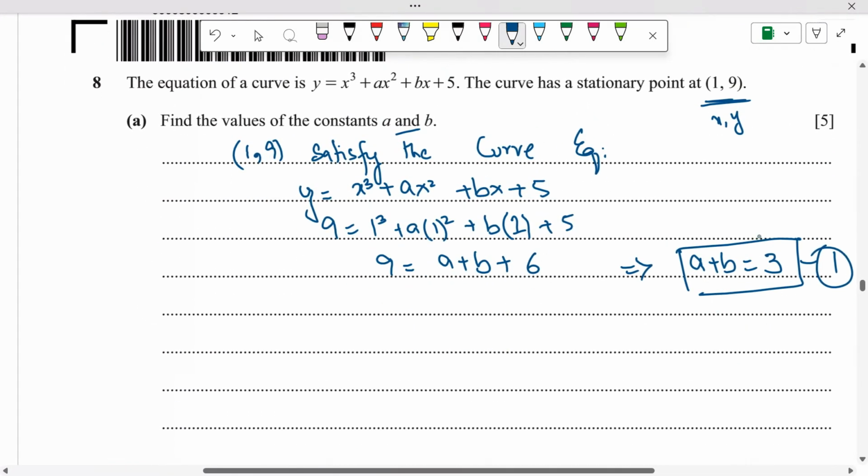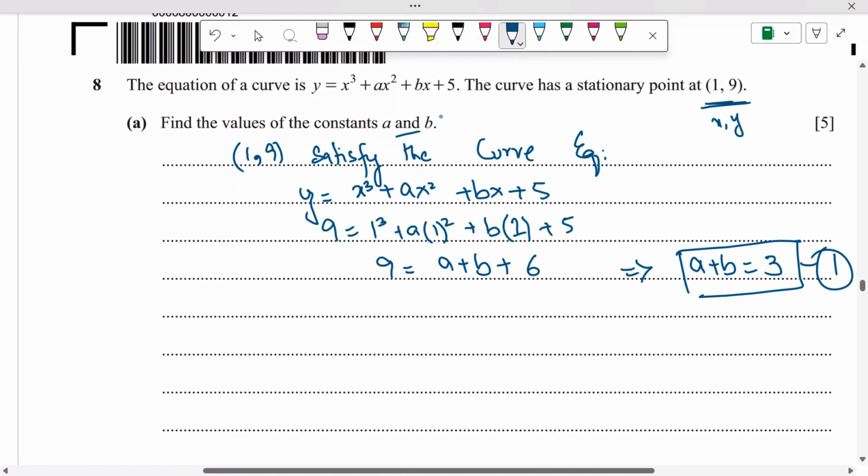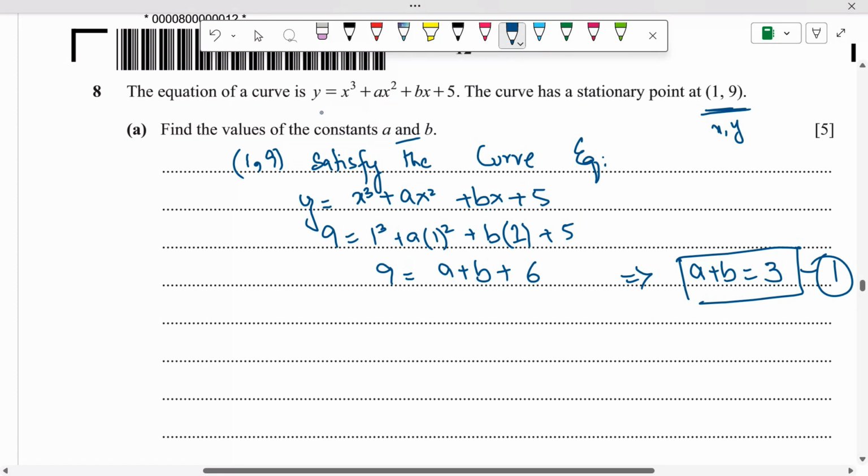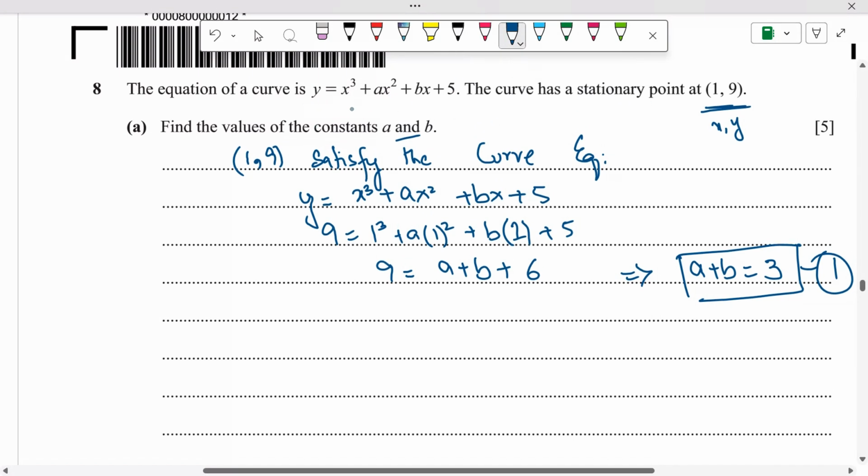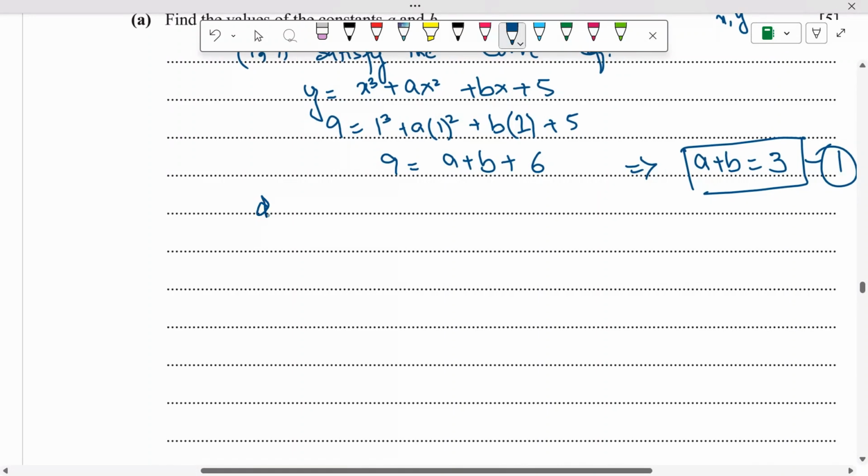We need another equation so that we can find a and b. The second equation can be obtained by using another concept: at a stationary point the derivative is 0. So the derivative at the stationary point (1, 9) is always 0.